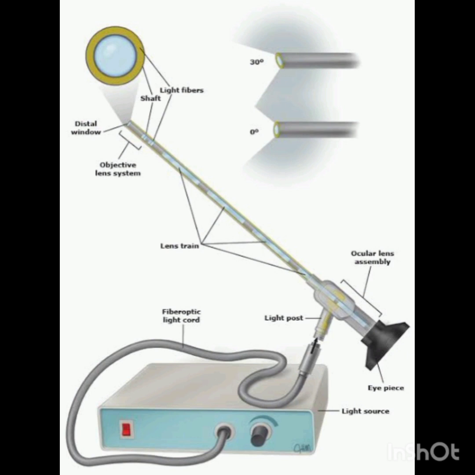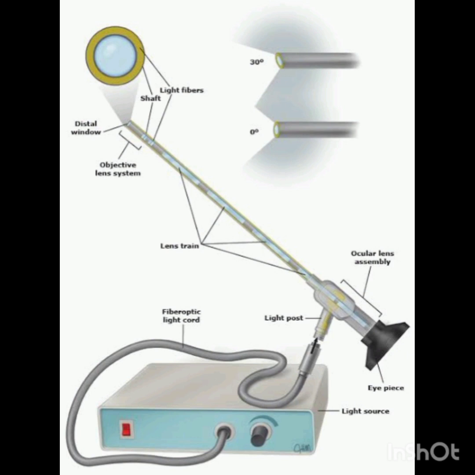Here is the telescope, fiber optic cable and light source system. The telescope has a distal end with different optical axes. Generally we use 0 degree to 30 degree in laparoscopy, but it may have different angles for different procedures.